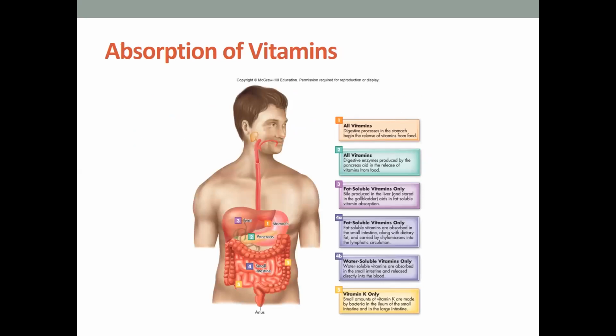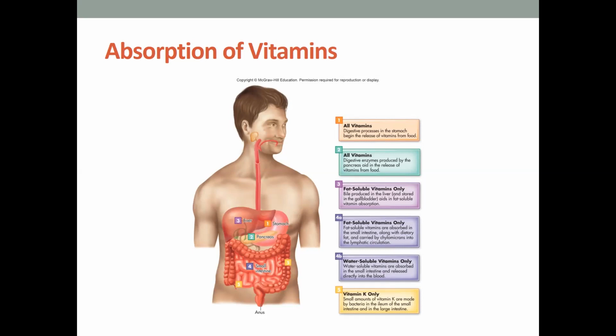You're by now used to seeing these pictures that highlight the order and what happens during absorption. So think about eating a food that contains vitamins. It starts in the mouth, of course, when you're chewing. In the stomach, as things start to break down because of the acid and the enzymes, you're starting to release some of the vitamins that are found in the food.